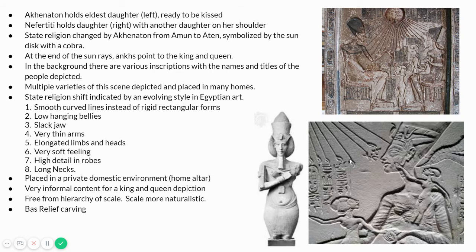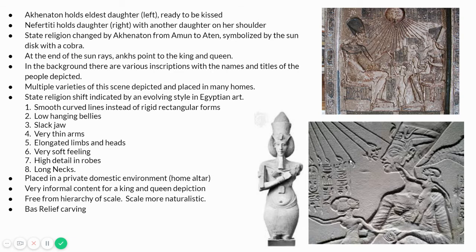Everybody's standing very straight backed and erect and stoic. Here we have figures that are extremely curvaceous. You can see curves in the shoulders, curves in the hips, curves in the bellies. And this is not just a feminist representation. Both male and female are depicted in the same curvaceous way.